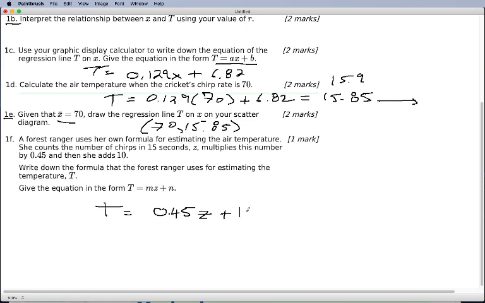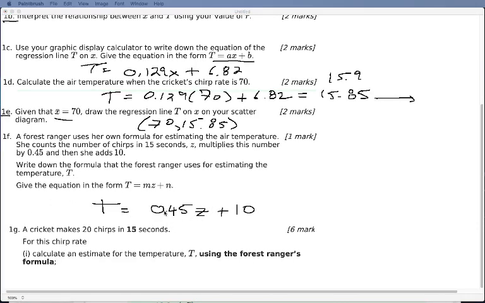So what she's doing is she's making her own relationship between the number of chirps and the temperature. So this is how she does it, right? She counts the number of chirps in 15 seconds, multiplies this number by 0.45, and then she adds 10. So that's how we get this equation here. And that's what they're asking you to do.